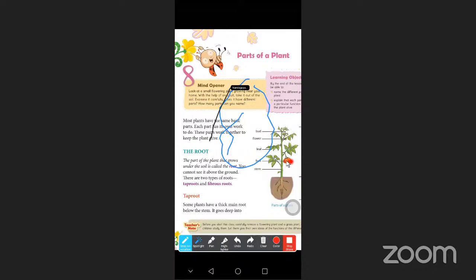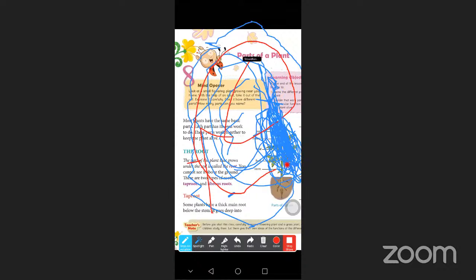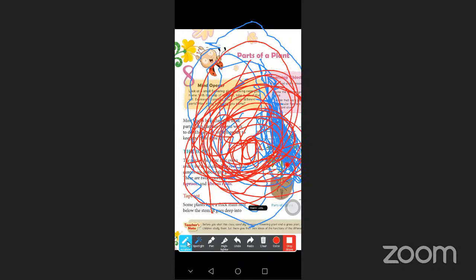The fruit contains the seeds, so that also has more functions. We will discuss everything in this lesson. These parts work together to keep the plant alive. Every part can work together.